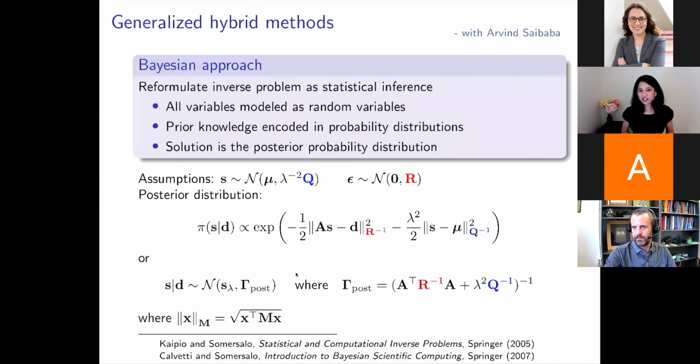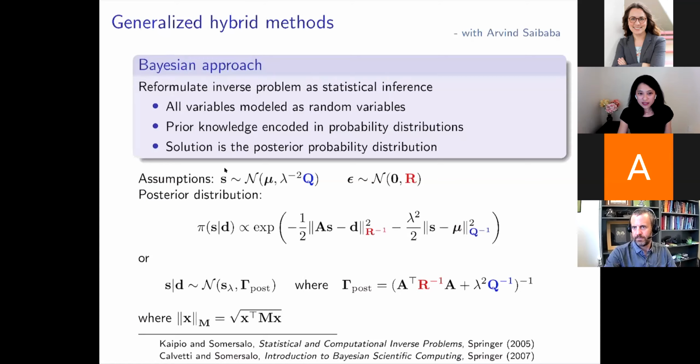John gave a nice introduction to Bayesian inversion and the Bayesian idea of how to solve inverse problems, where essentially you assume your variables are all random variables, and you include some prior knowledge on your unknowns.